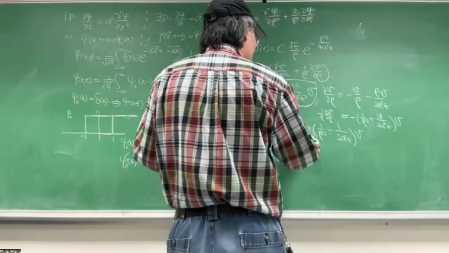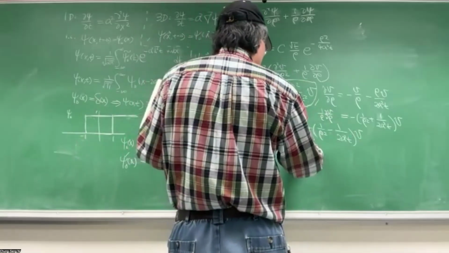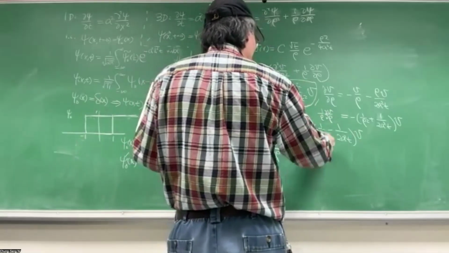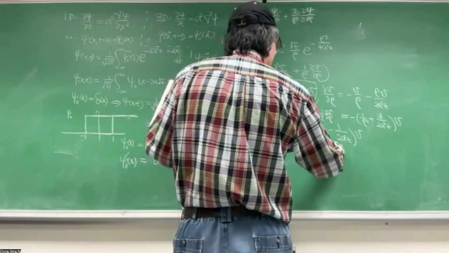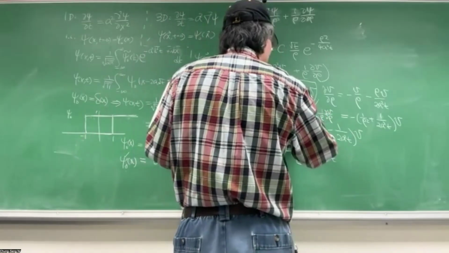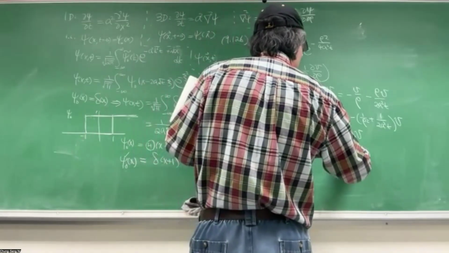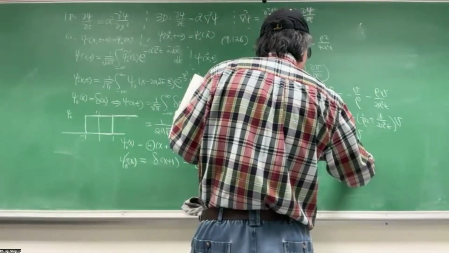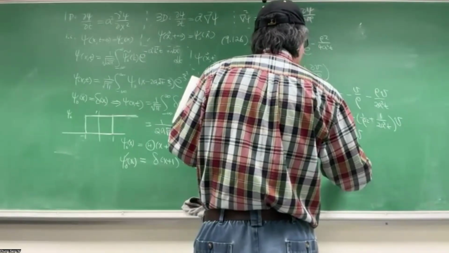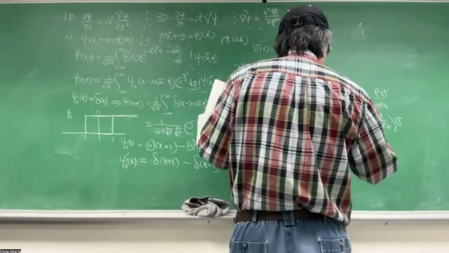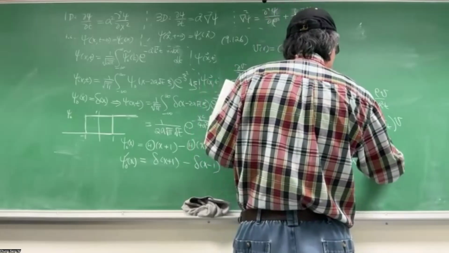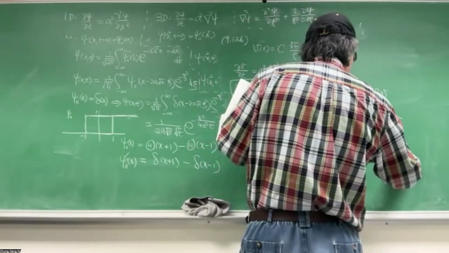This is 1 over rho squared multiplied by the two terms together, and 1 over a squared t plus rho squared over 4a squared t squared, minus 1 over rho squared minus 1 over 2a squared t.